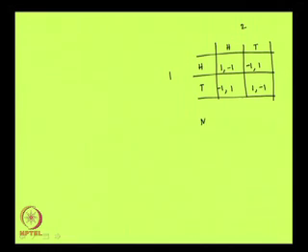So, this is the familiar matching pennies game. And if you recall, the game did not have any Nash equilibrium in the way we defined Nash equilibrium in the previous sections.